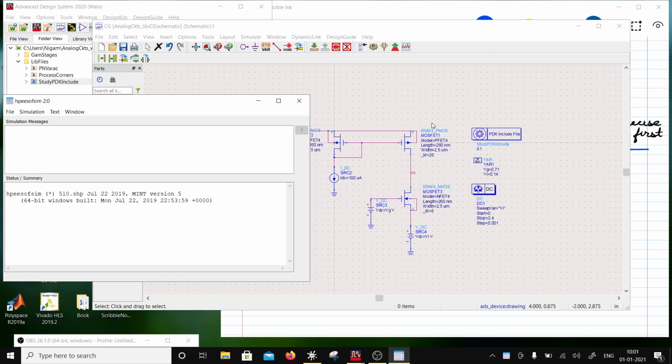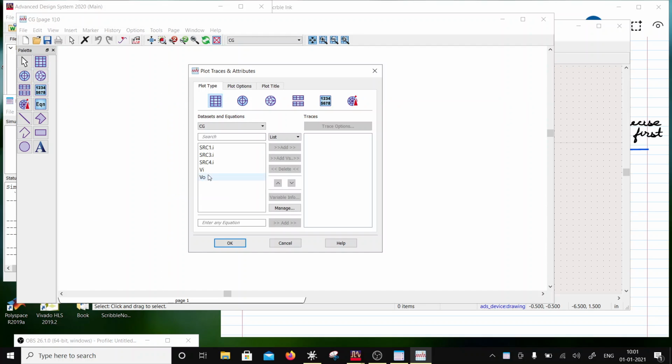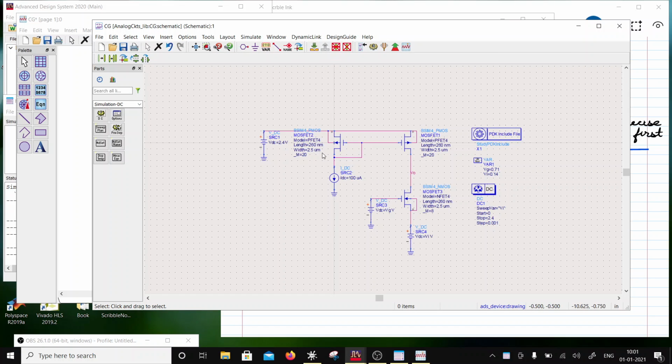So if you remember, with this sizing, the gain for common source was around 29.6 dB, and we are going to get something similar here. So let me plot output. Okay, let me just check. 260 nano, 2.5 micro, 28.